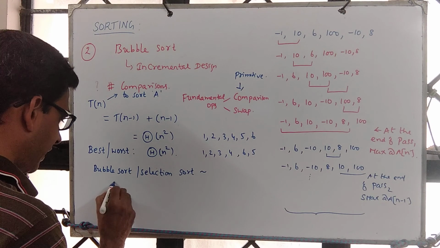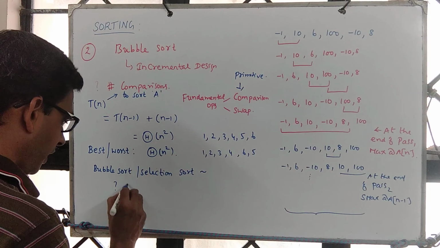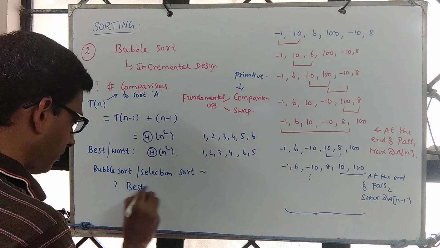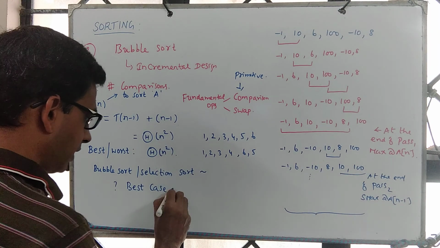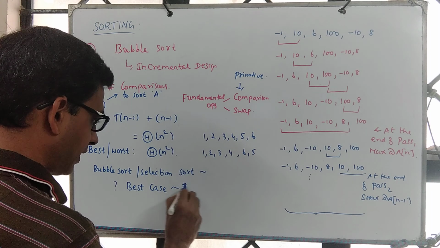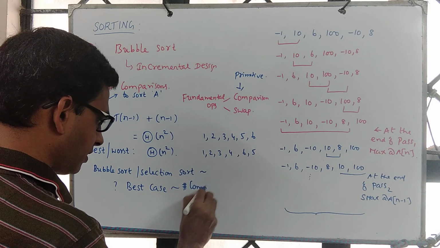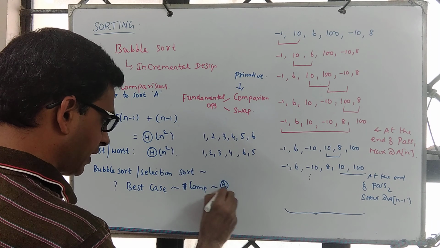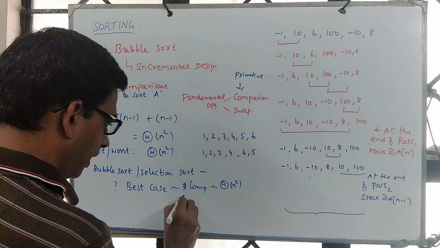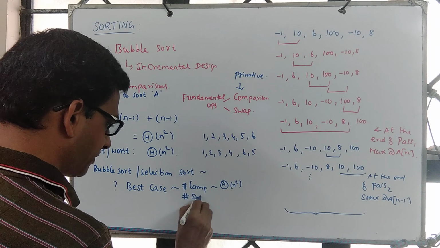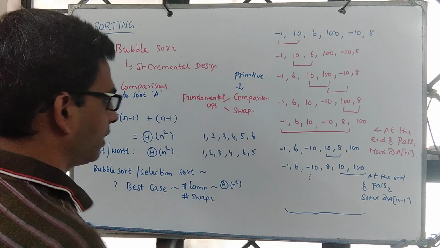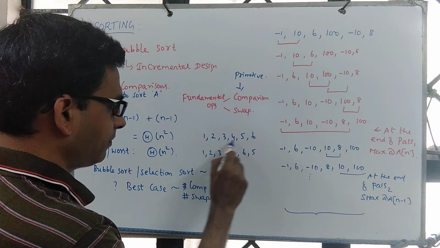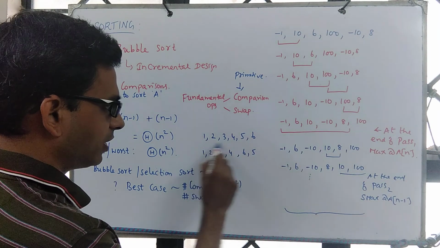So one can actually look at this. If it is a best case input, what is the number of comparisons? We saw that it is theta of n square. Now what is the number of swaps? You see that we keep comparing and there is no swap at all.